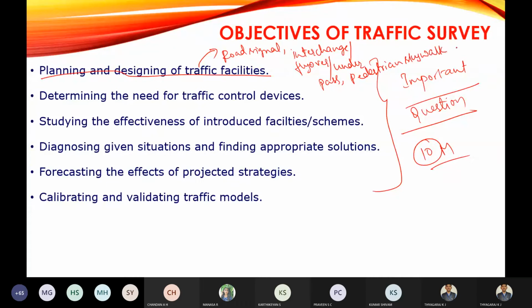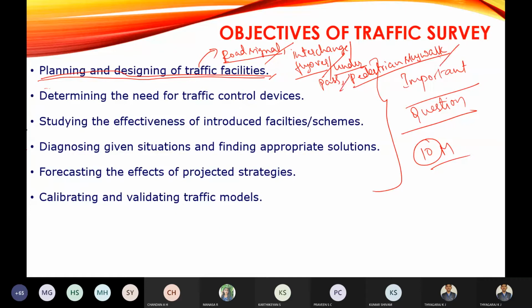So for planning and designing these traffic facilities, whether it may be a signal, flyover, underpass or pedestrian skywalk, we require this traffic data. Based on whatever data you have collected, whether it may be speed data or volume data, we are going to provide the traffic facilities like traffic signal, flyovers, underpass and pedestrian skywalks.